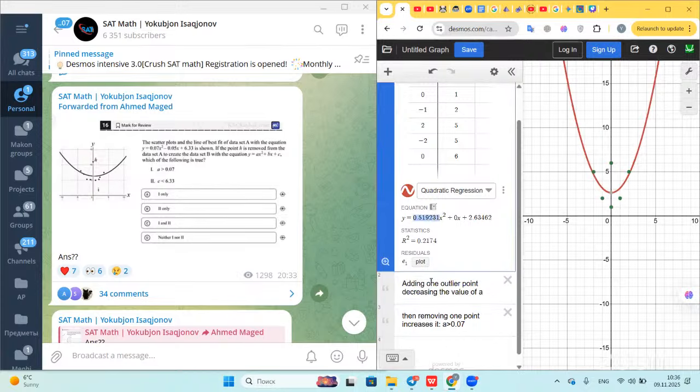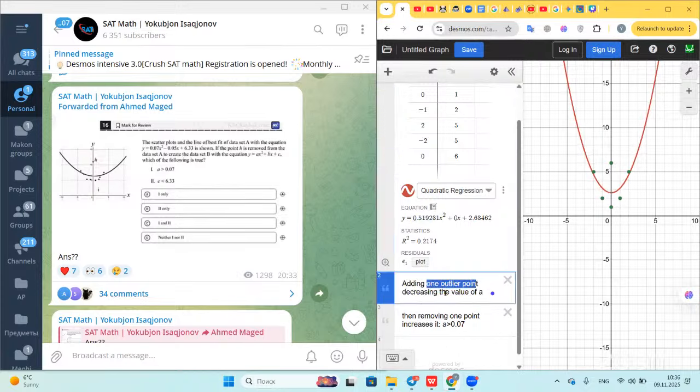It means adding one outlier point decreases the value of a, and removing it increases the value of a. So the new a becomes greater than this one. It means the first option is correct. Guys, is it clear?